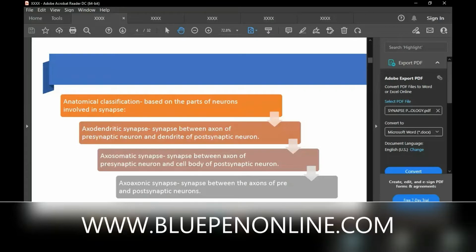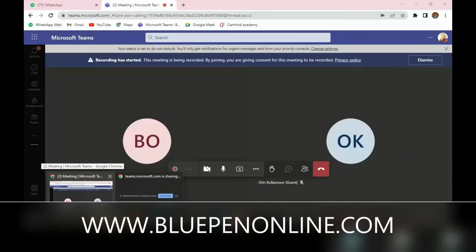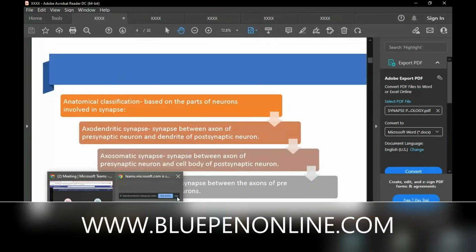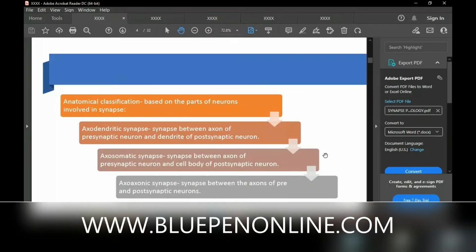Soma, axon, dendrites. Okay, fine. First comes the soma, or the cell body. Then it is surrounded by dendrites, and there is one long process, that is the axon.